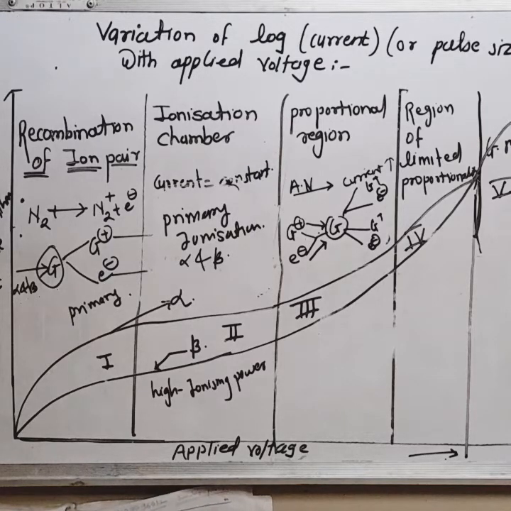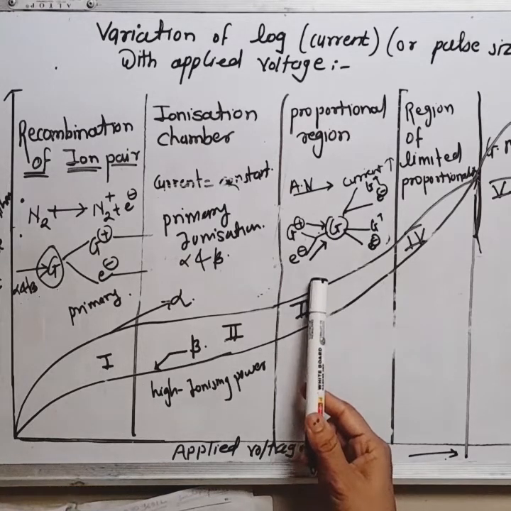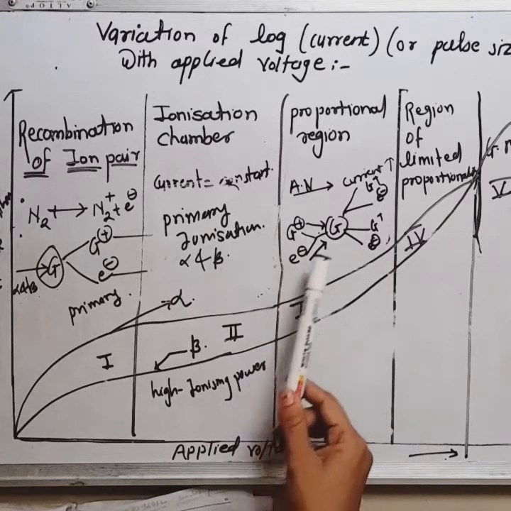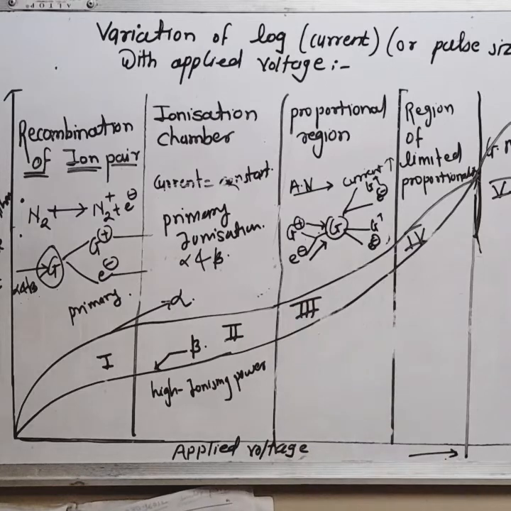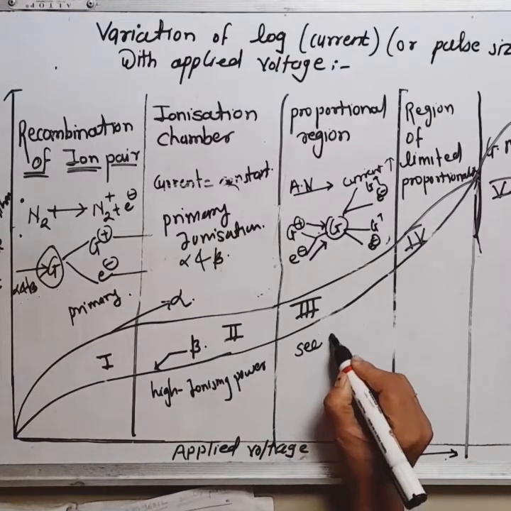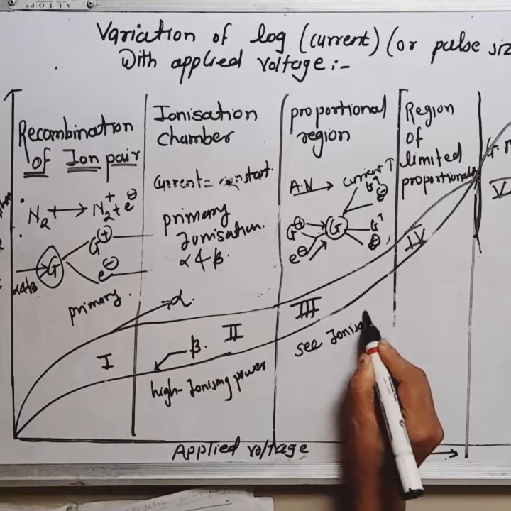In this region the current begins to increase with the applied voltage. The partners of any ion pair now acquire enough kinetic energy to ionize the gaseous molecules on their own. Here there is no contribution of alpha or beta particles. The ion pair itself is responsible for ionizing another gas molecule, and such ionization is known as secondary ionization.